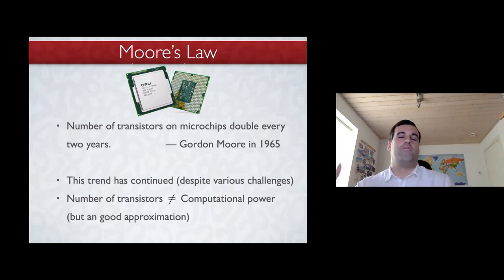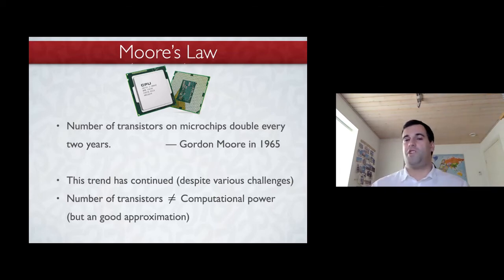And this is all driven, of course, by technology advancements in computer technology. Interestingly enough, there was an observation or prediction made by Gordon Moore in 1965, who predicted that the number of transistors on a microchip will double every 2 years.